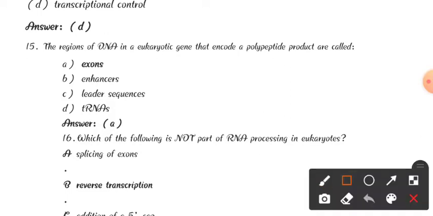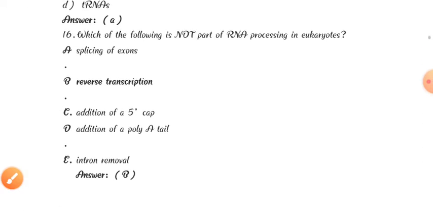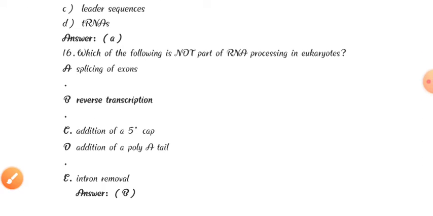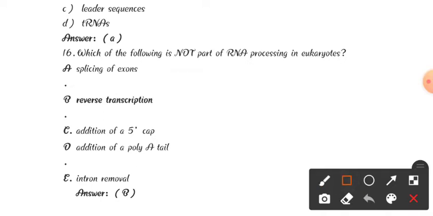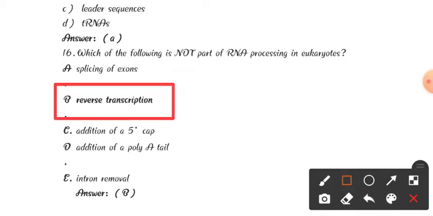So friends, option number A is the correct answer. Now next question, question number 16, which of the following is not part of RNA processing in eukaryotes? So friends, option B, that is reverse transcriptase. Okay, reverse transcriptase is not a part of RNA processing in eukaryotes.